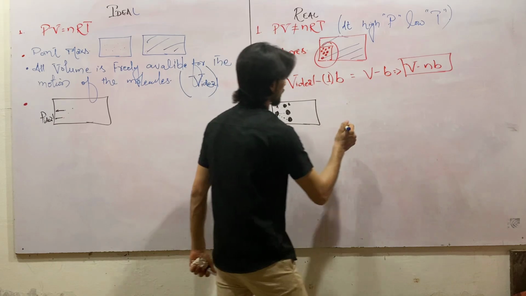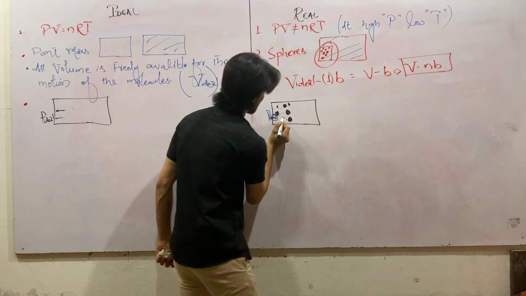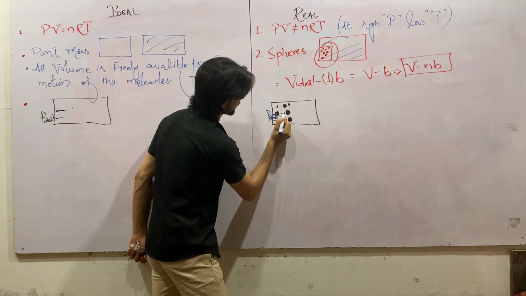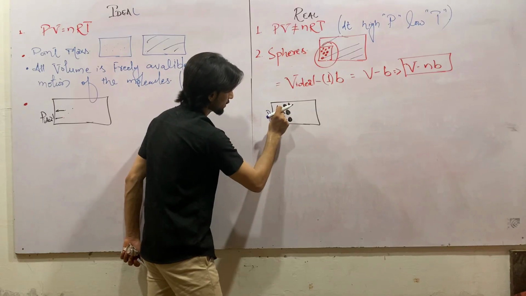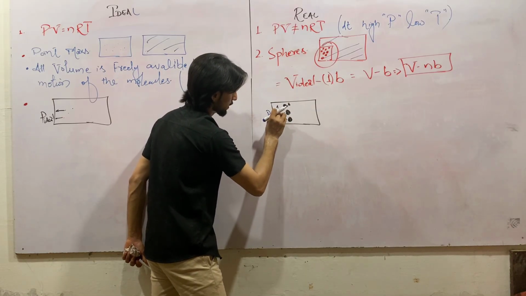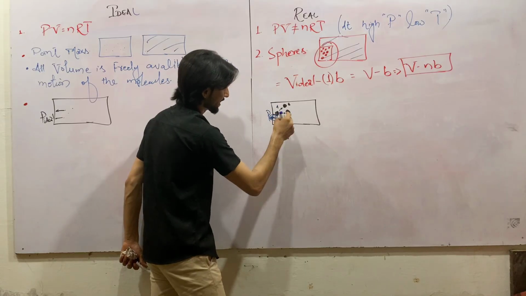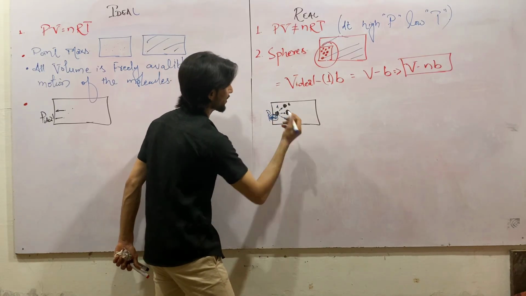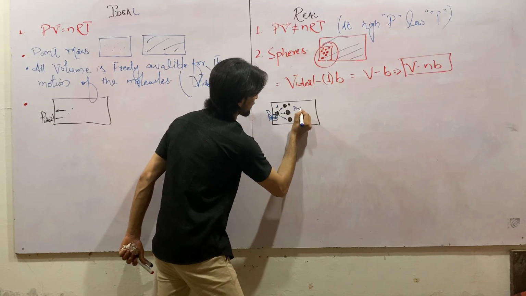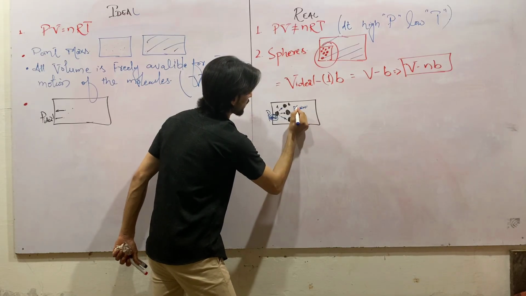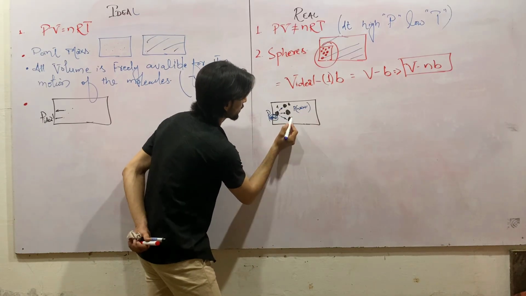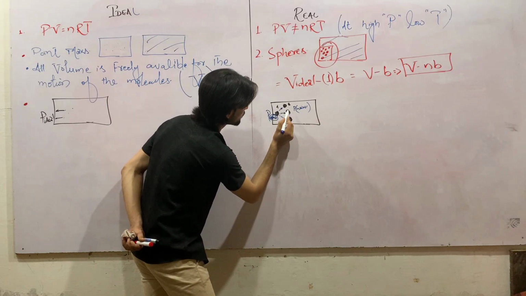So by how much? By that amount with which these molecules were attracting this molecule in the backward direction. And this backward attraction, I called it P internal. Okay. And what I found was that this P internal was directly proportional to the concentration of these molecules.